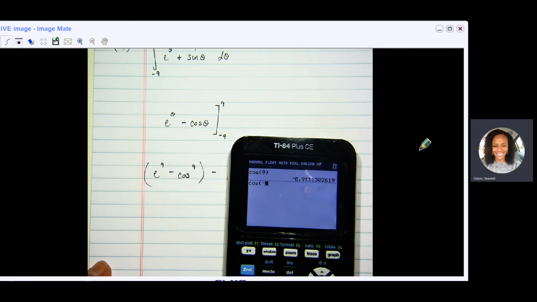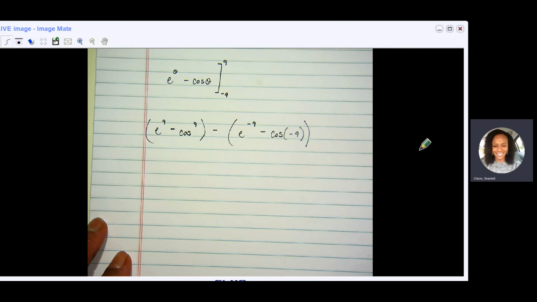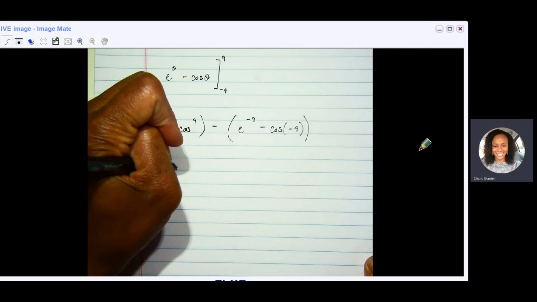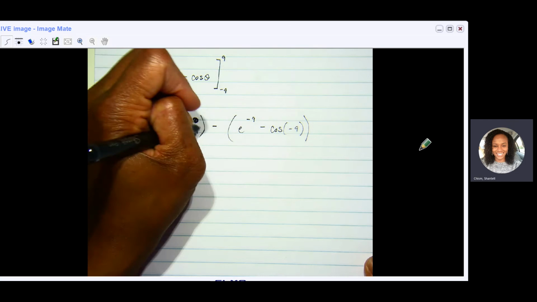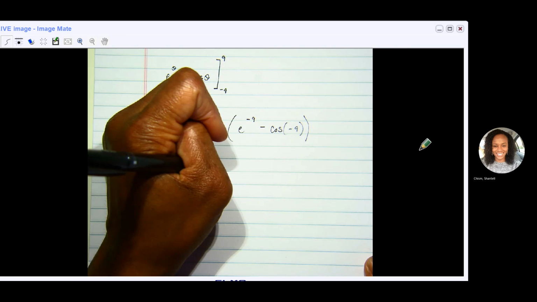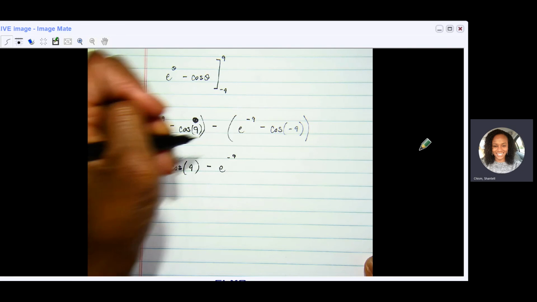Cosine of -9, let's see what that is. Same exact thing. So those are probably going to cancel out, is what I suspect. Let's just see. So e to the 9th minus cosine of 9, then we got minus e to the -9.